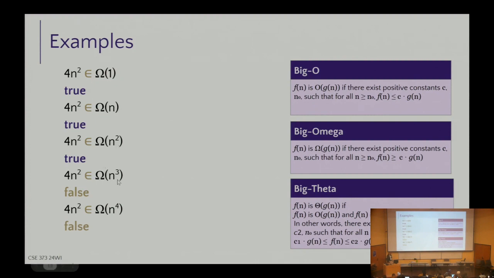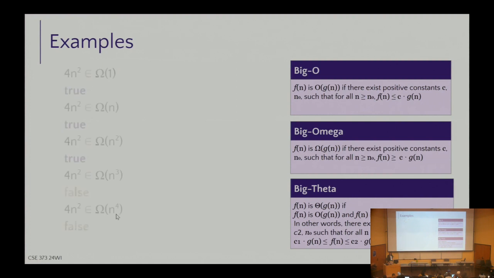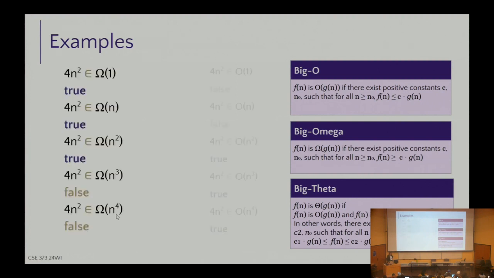But once we get to n cubed, that starts to dominate, so it is no longer in the set of omega. N to the 4 is not a lower bound anymore.